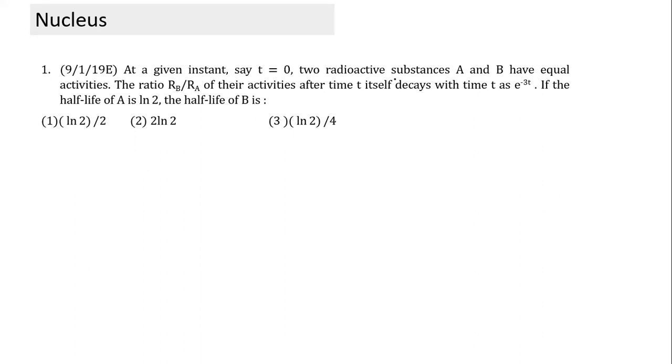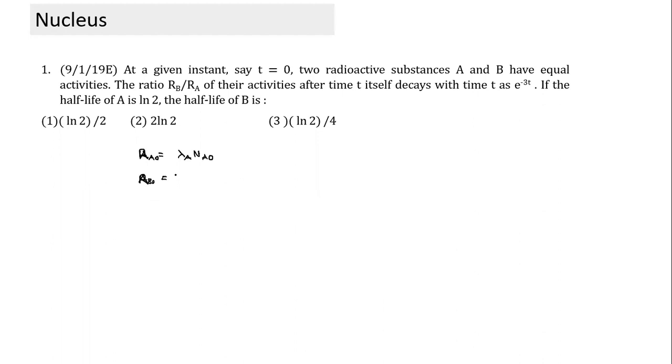You have two radioactive substances A and B that have equal activity. Let me write the initial activity of A as lambda A NA naught, and the initial activity of B similarly. I'll write it as R because the question is also given in terms of R. They have equal initial activity.